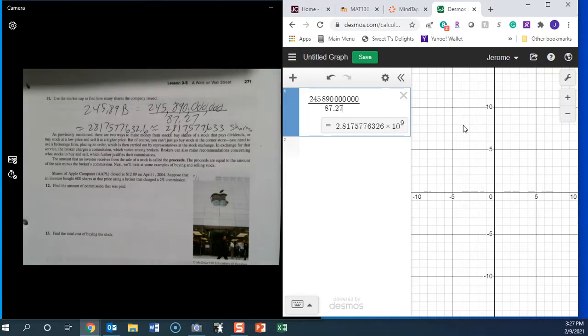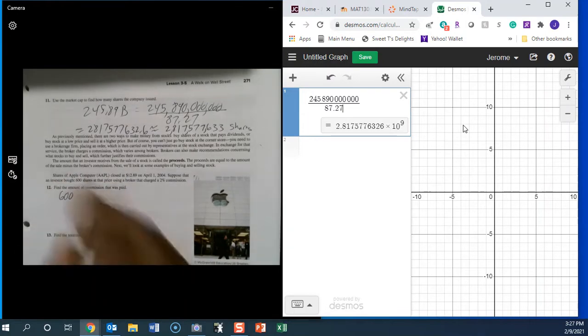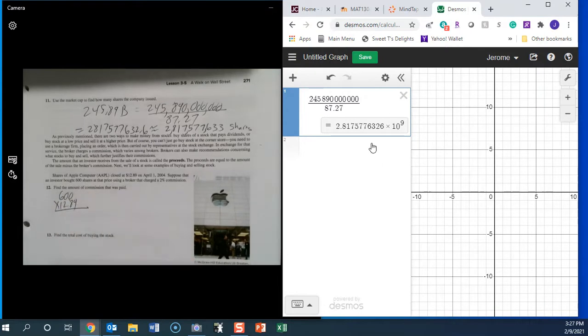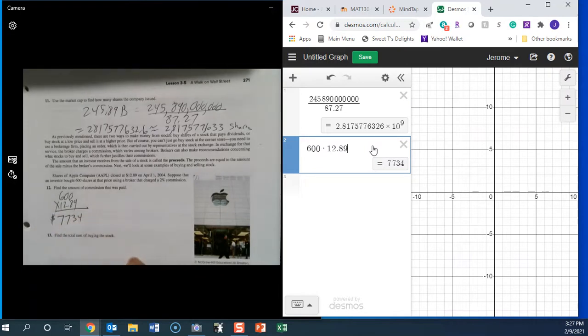So what we're supposed to do here is take this 600 shares and multiply by the $12.89. So that would give us $7,734. Now this is how much we paid for the stock, but we just want to know how much the commission is in this problem.